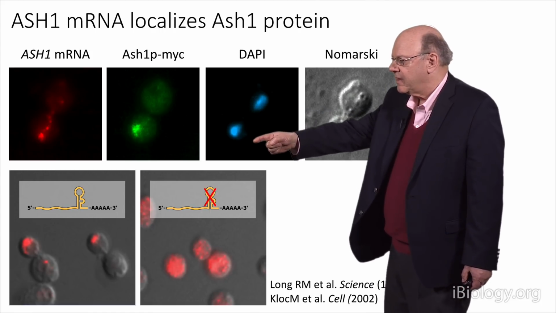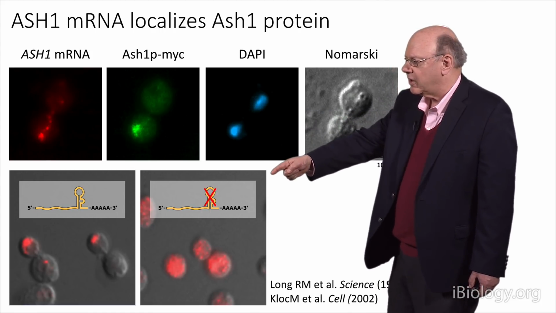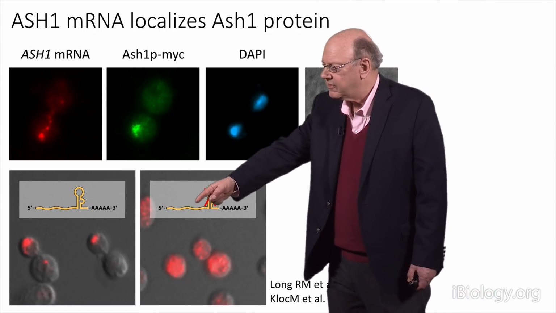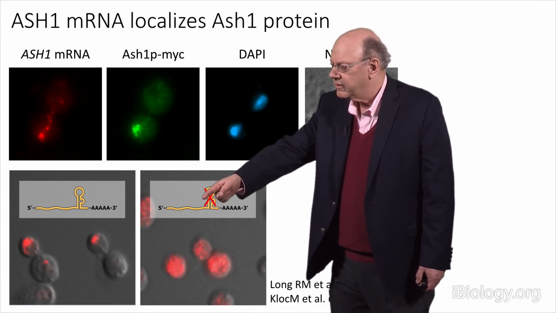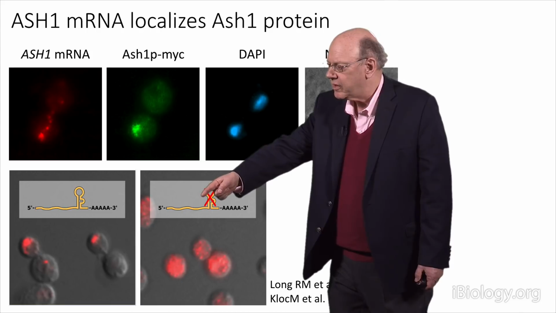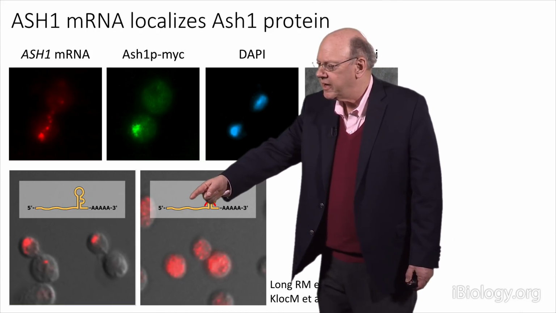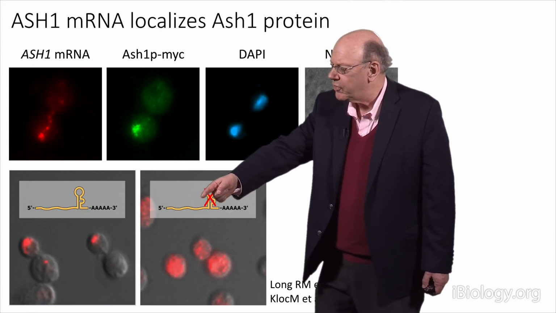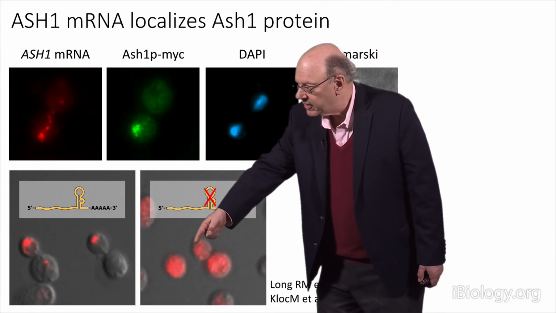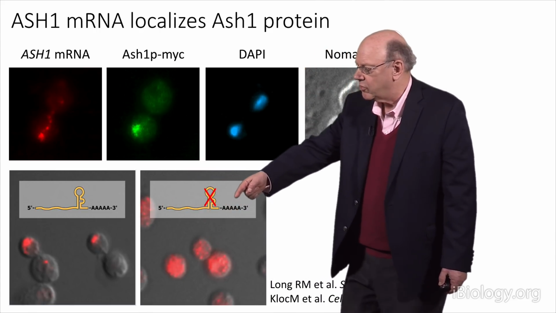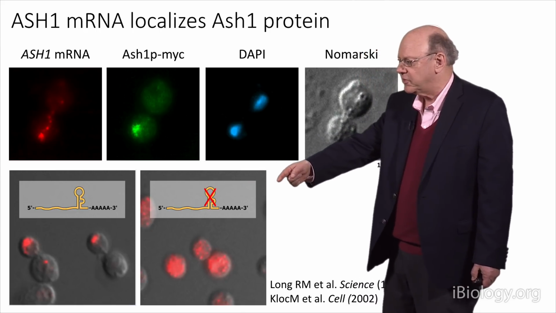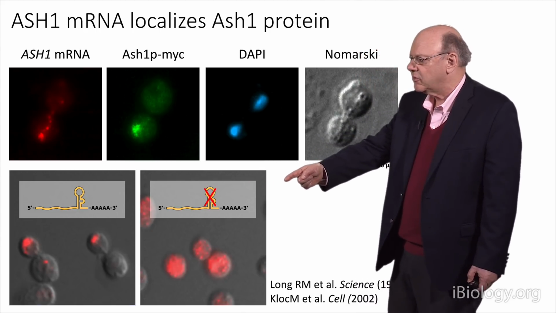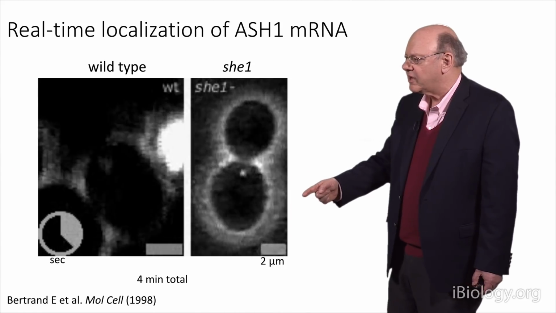And this requires localization elements that localize the ASH1 mRNA to the bud tip here. And if you do a point mutation in this, the RNA cannot localize at all. It has no idea where it's supposed to go. So let's take a look at this process.